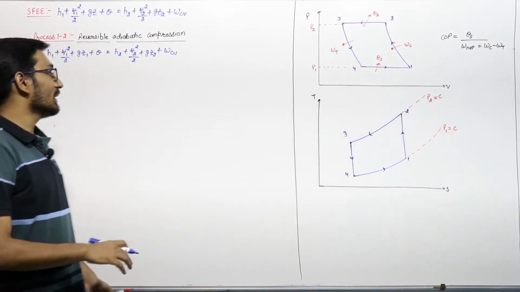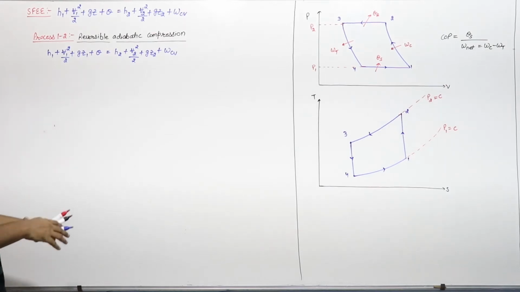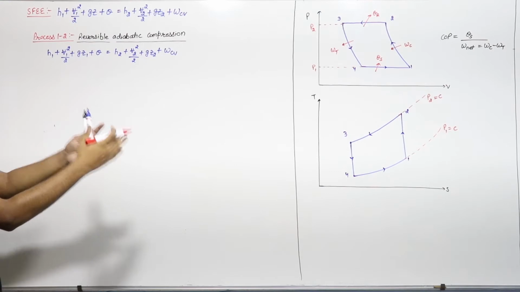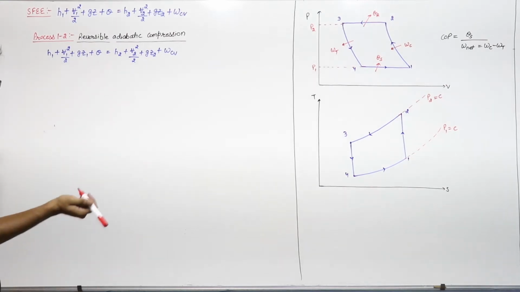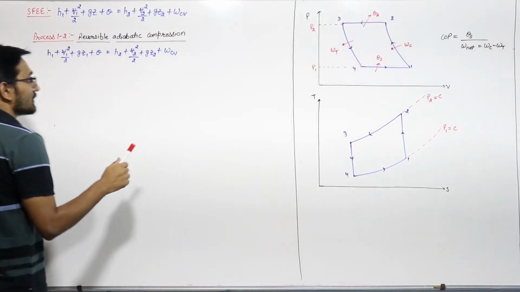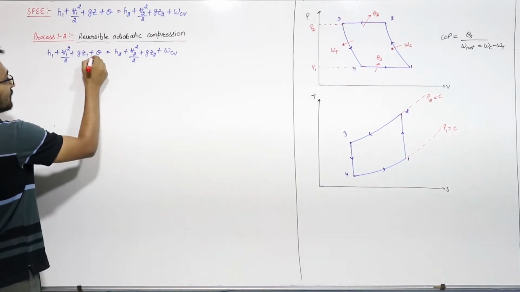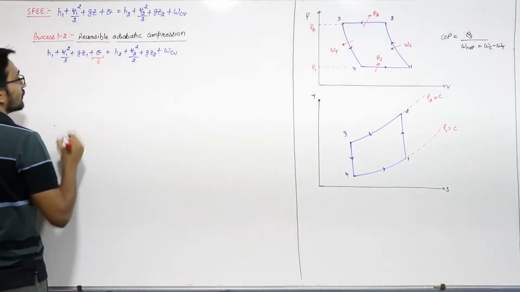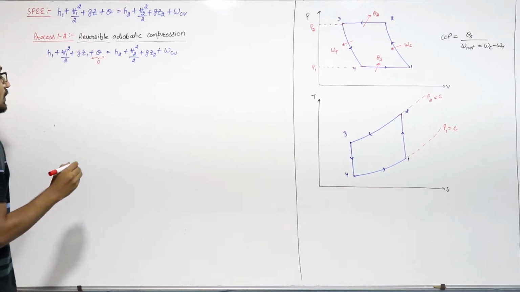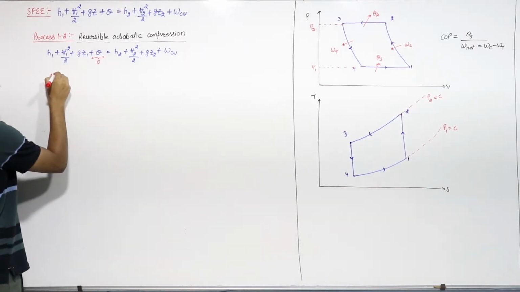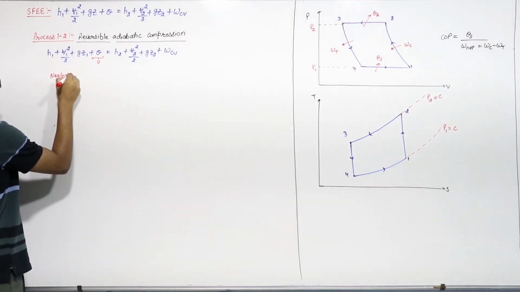Now in this equation, the process is reversible adiabatic, and for an adiabatic process we know that the heat transfer is zero. And this is the first assumption we are writing.